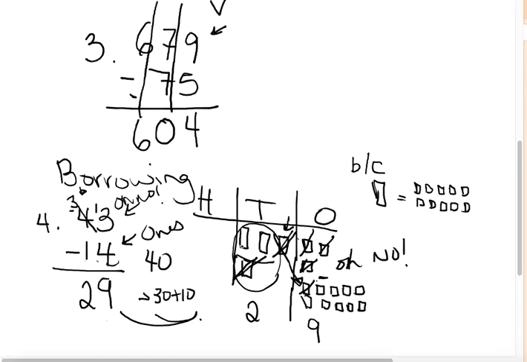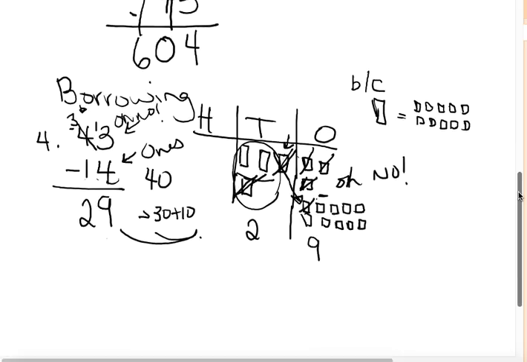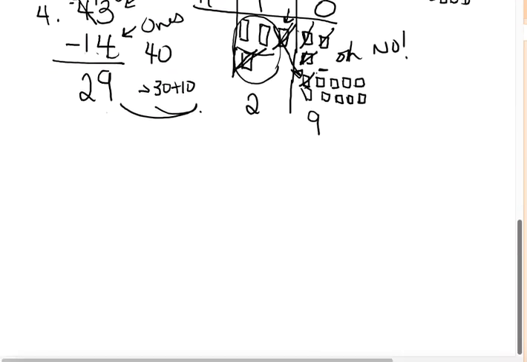So let's try another one with borrowing. So we'll call this number 5. So we have 82 minus 76.